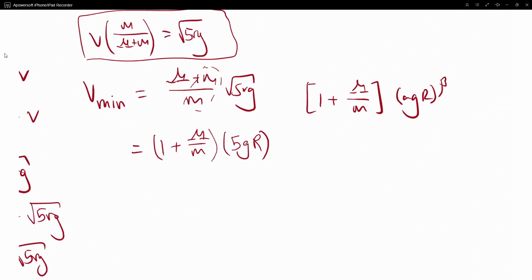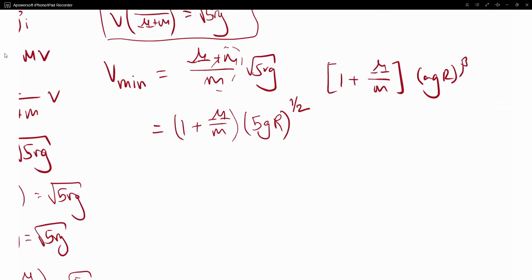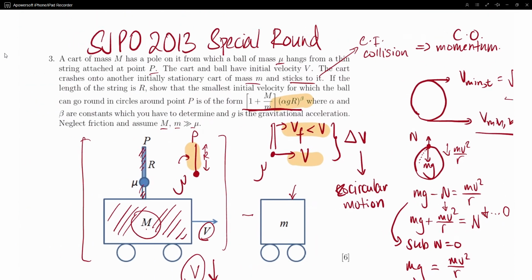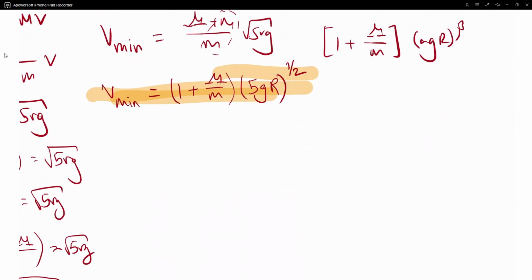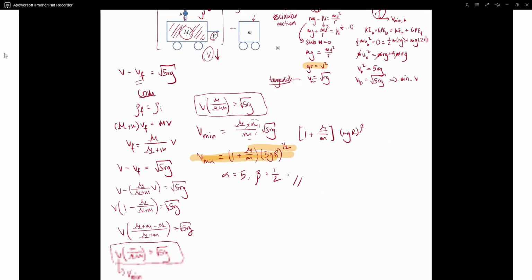And B, this constant beta, is half because it's a square root. So we have found the equation for v minimum, and we can also find that alpha is 5, beta is half. We have solved this problem.